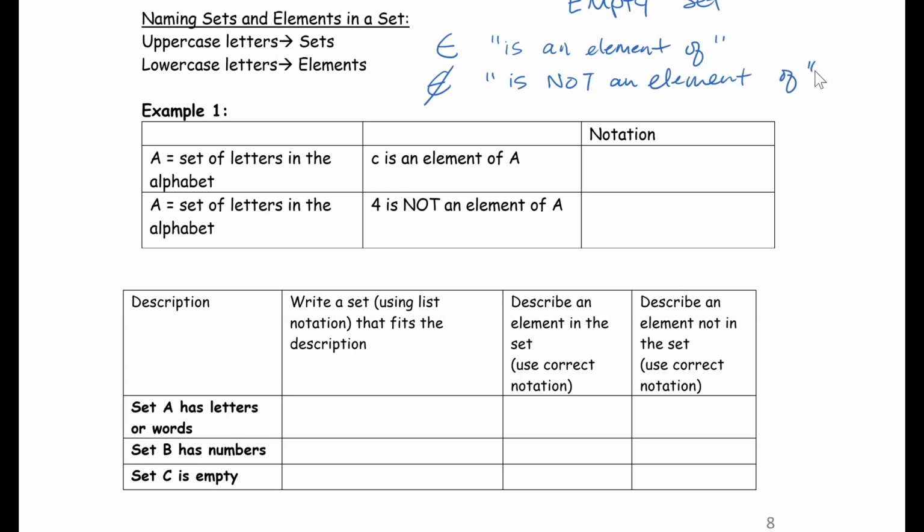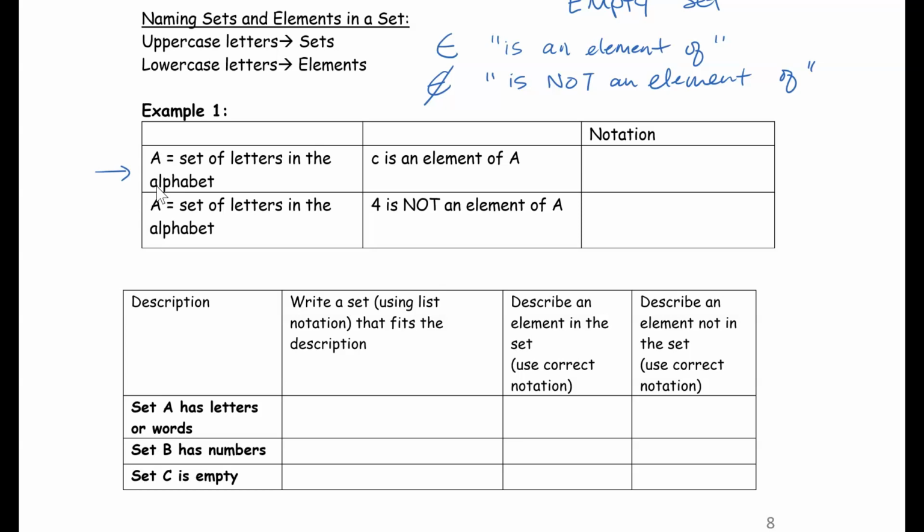Okay, so this first example here, anytime we use uppercase letters, that refers to the set itself. So we're going to call set A the set of letters in the alphabet. So A, B, C, D, E, all of the letters in the alphabet.